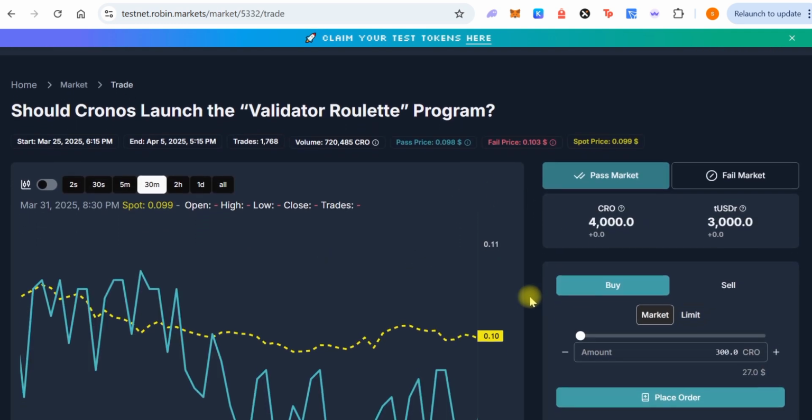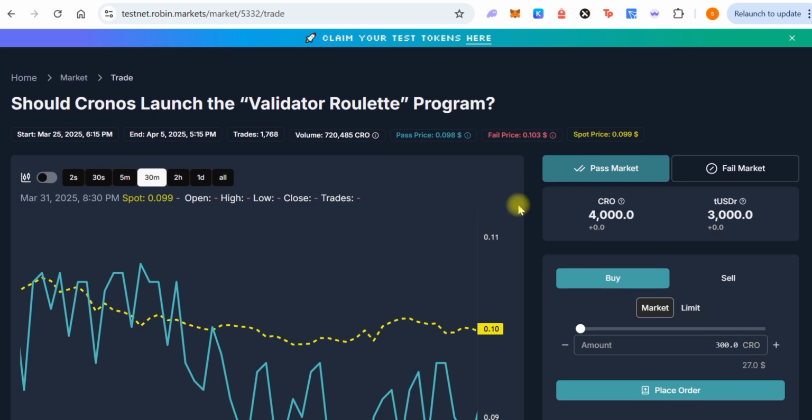Let me quickly explain what this whole decision market is all about. At the top, you can see three prices: the pass price, the fail price, and the spot price. The pass price is the price should the decision go through. So should Kronos launch a validator roulette, if you want it to go through, that's the pass price.